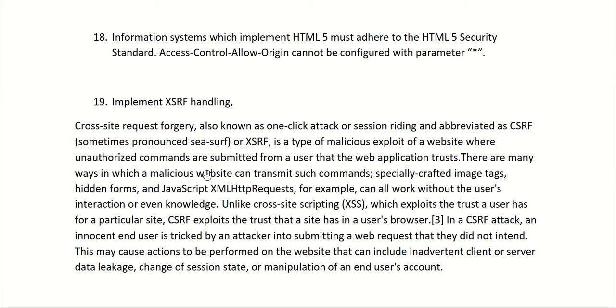If the incoming request's anti-forgery token doesn't match the one the server is holding, then such requests will be blocked and a bad request, that is 400, will be returned to your end users. That way you are basically preventing the man in the middle attack. So that's the XSRF handling you have to do.